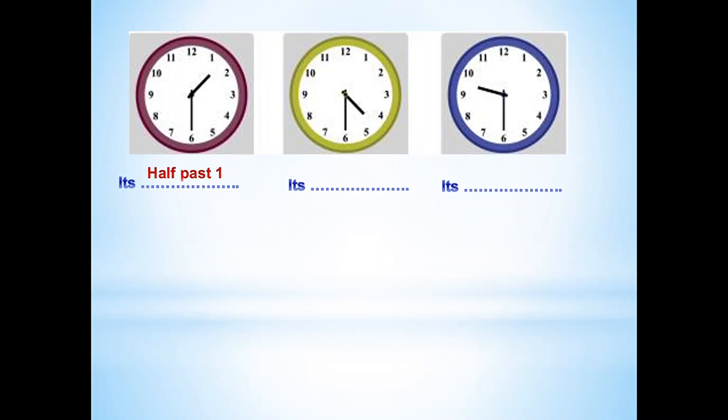Number 2. What is the time? It's half or quarter? Half past. 4 or 5? Excellent, 4 because it's not pointing to 5. Half past 4. The third one, what is the time?